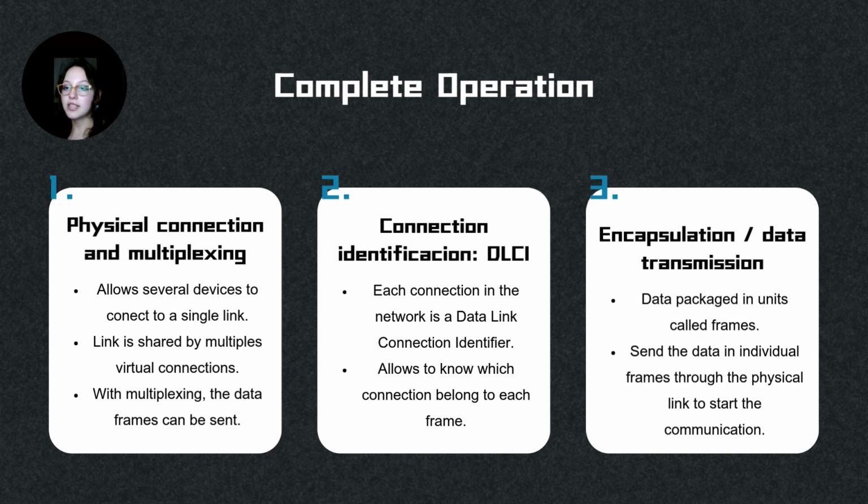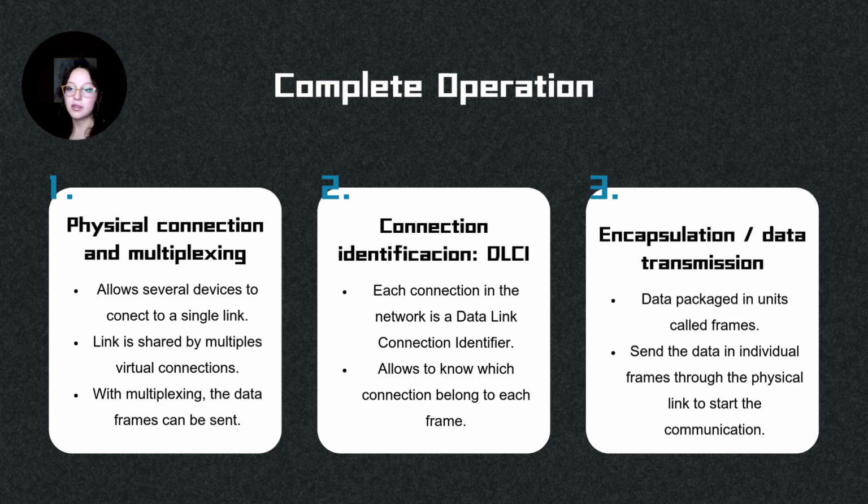The physical link is shared by multiple virtual connections, also called virtual circuits. Through multiplexing, the multiple data frames, the units of data, can be sent over the same physical link but assigned to different logical connections.